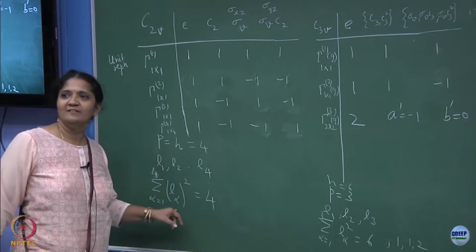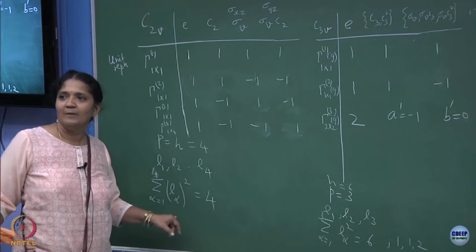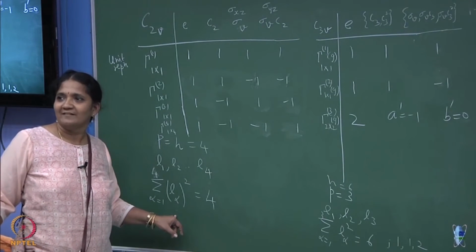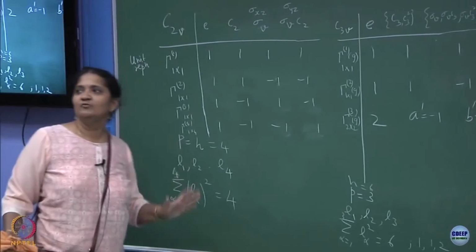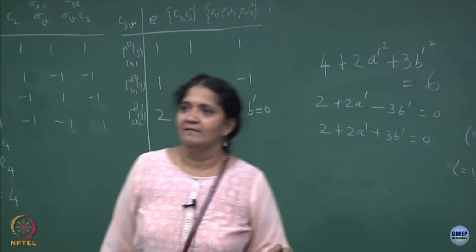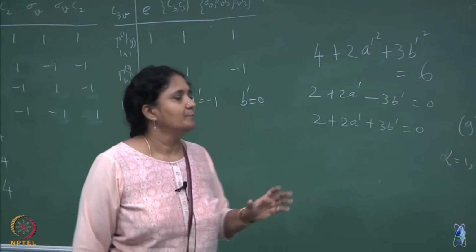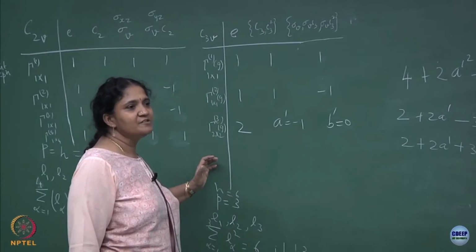The only solution is all the L alpha has to be 1. Okay. You can't put any L alpha more than 1 cross 1 matrices. Okay. So, abelian group, the irreducible representation is always going to be one dimensional. Okay. But in the non-abelian, you can have one dimensional, you can have two dimensional, it could also have more dimensional matrices.